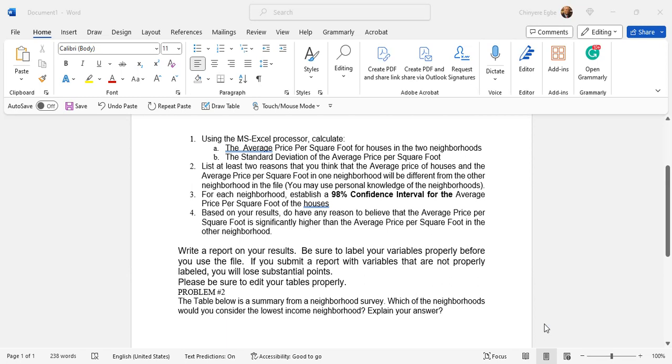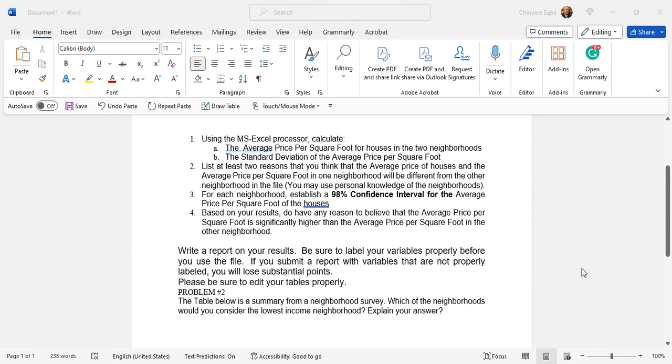So we're going to calculate the average price per square foot for one of the neighborhoods. And then I will provide insight on how to interpret the results, because we're going to interpret those results in the next week. But I'll give you an insight now so that you understand why we calculate the confidence interval for two neighborhoods and why we can use it to contrast, compare one neighborhood to another, okay?